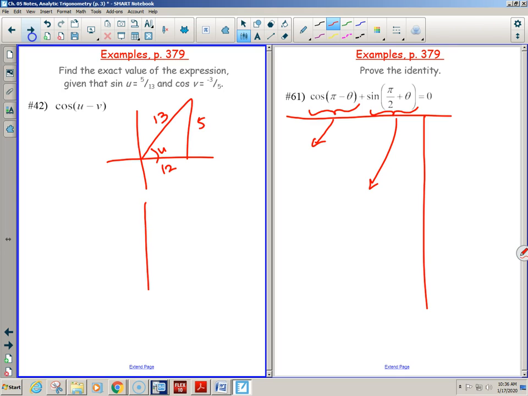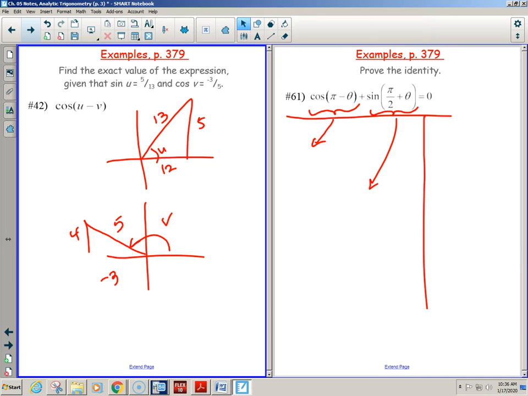Or we know adjacent and hypotenuse, we could figure out him. And then we can use the formula and use the triangles to pull out the cosines and the sines. But basically, guys, you're simplifying, evaluating, verifying, or solving with new formulas.